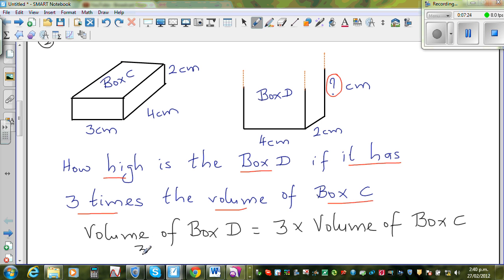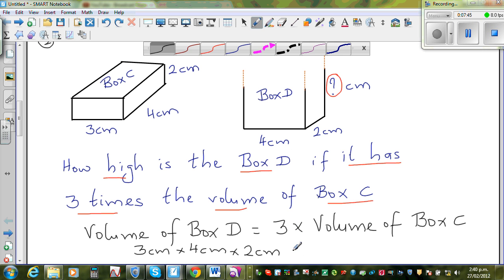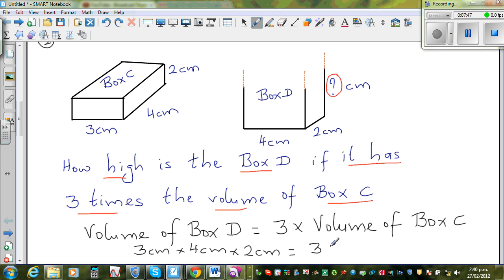So can I say this is 3 centimeters times 4 centimeters times 2 centimeters is equal to 3 times the volume of box C. The volume of box C is 4 centimeters times 2 centimeters times question mark centimeter.